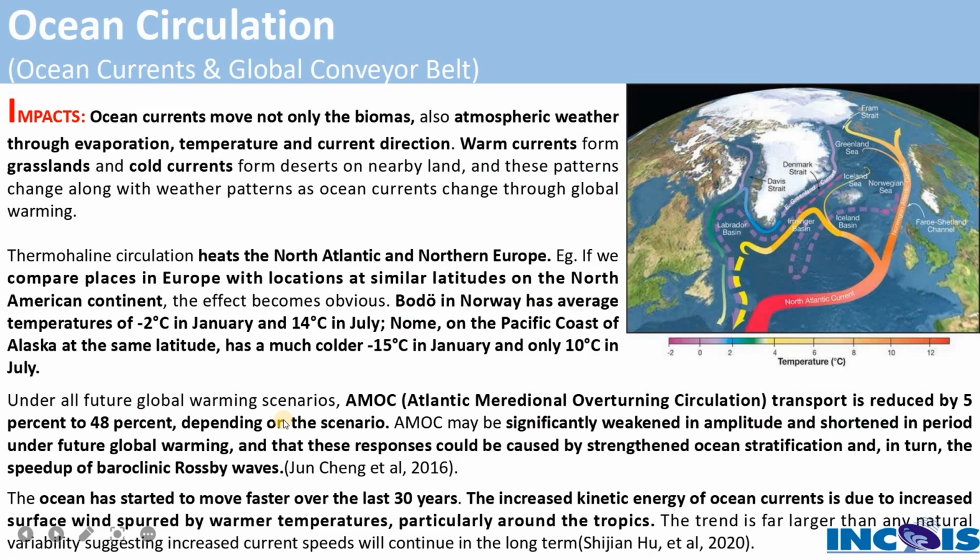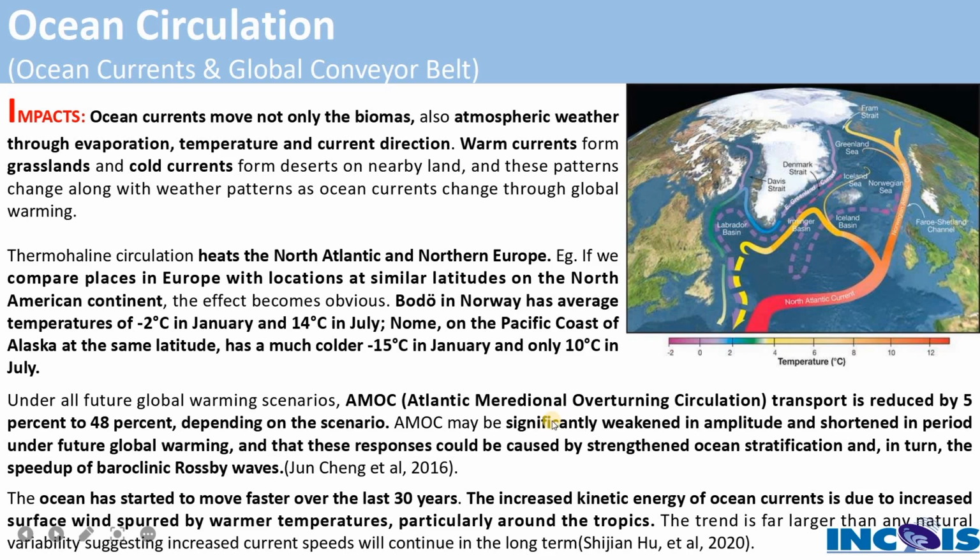And some studies are saying, regarding the Atlantic meridional overturning circulation, that since it moves in the Atlantic Ocean in a meridional manner, and overturning means it reaches the North Atlantic as a surface current, sinks down, and returns to the equator as a bottom branch, so the overturning process is going on.